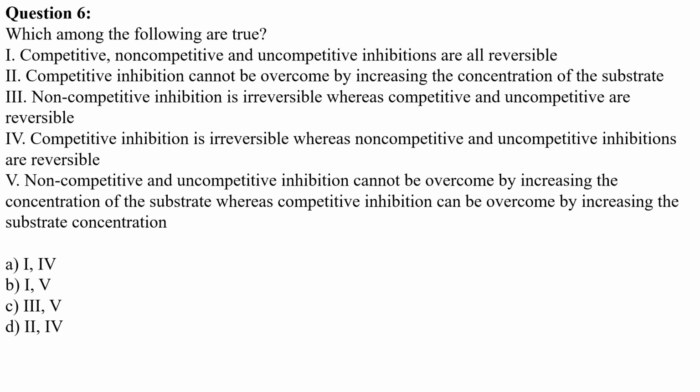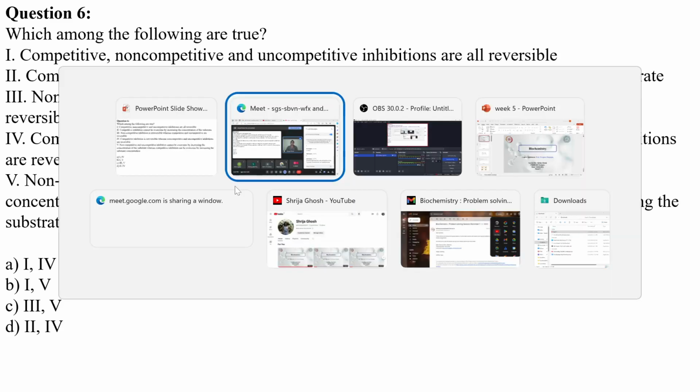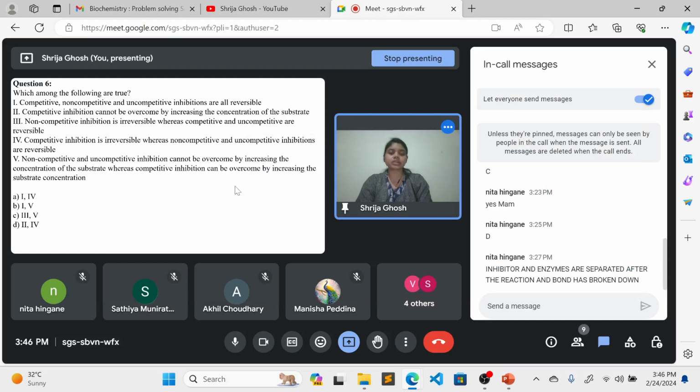The fifth statement is non-competitive and uncompetitive inhibition cannot be overcome by increasing the concentration of the substrate, whereas competitive inhibition can be overcome by increasing the substrate concentration. So select the correct statements amongst these 5 statements. Which of the following statements are correct?